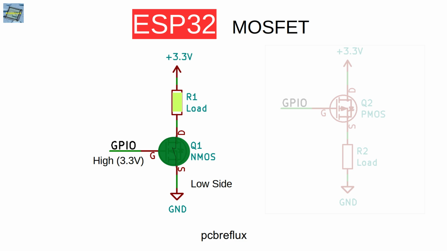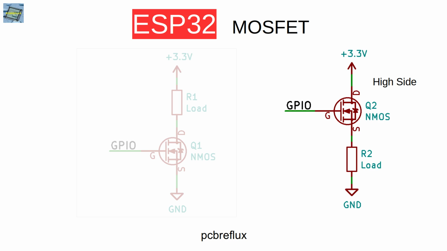And if we switch the GPIO pin to high, or 3.3 volt, then the MOSFET switches on and the current can flow through the load, even a higher current than the GPIO pin is able to handle.